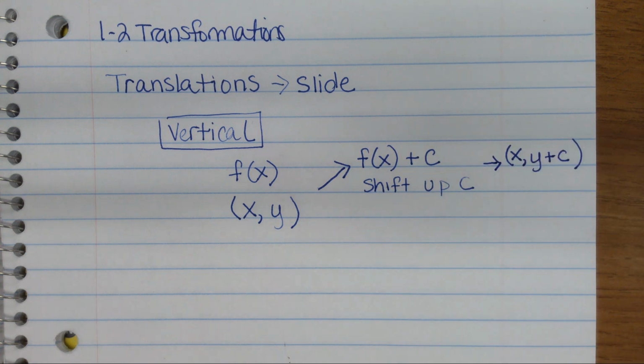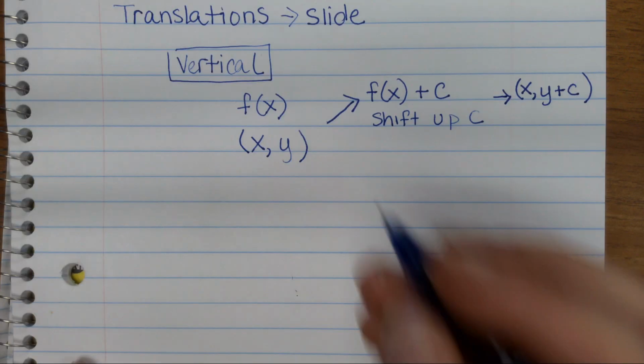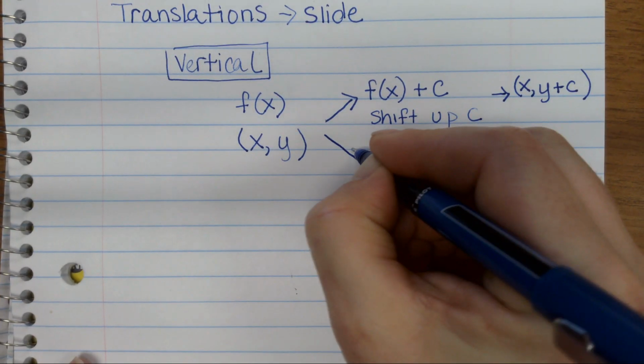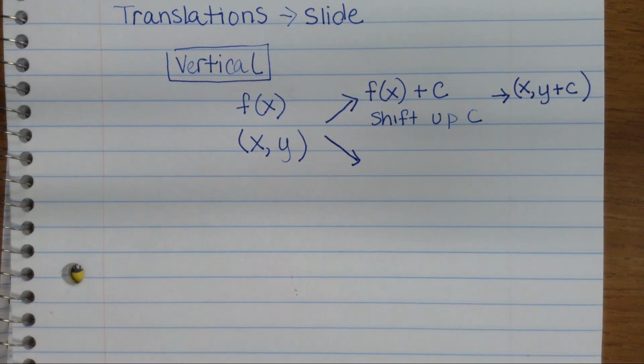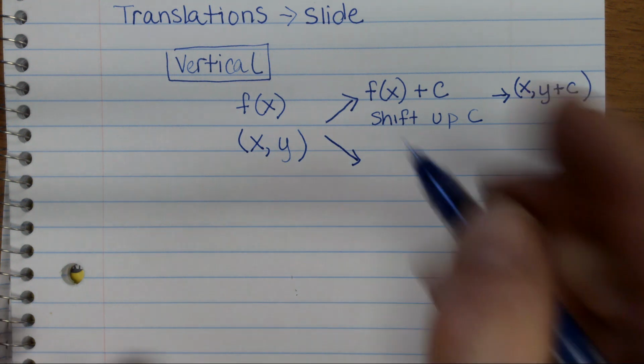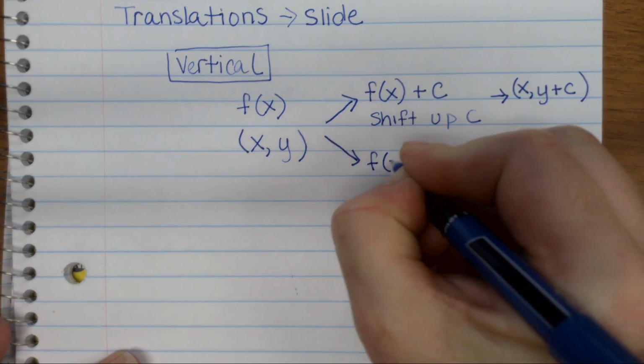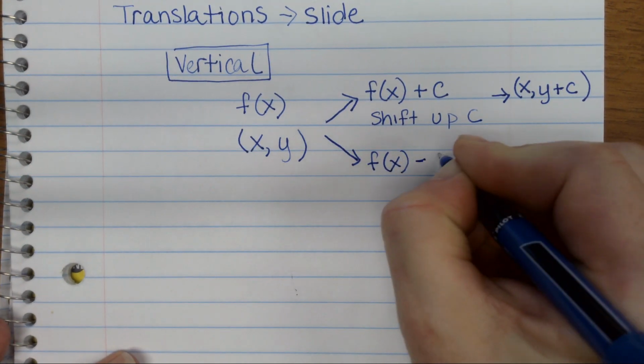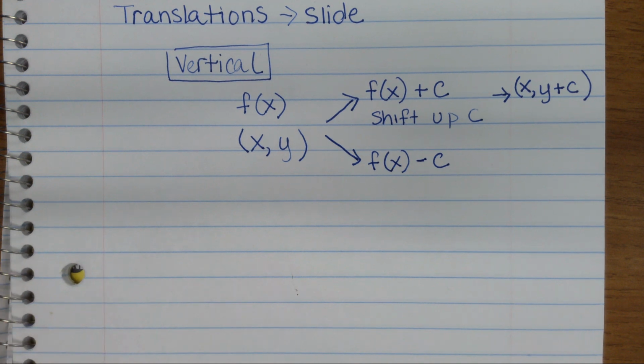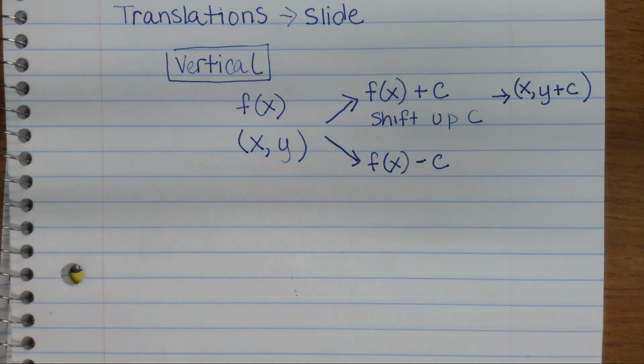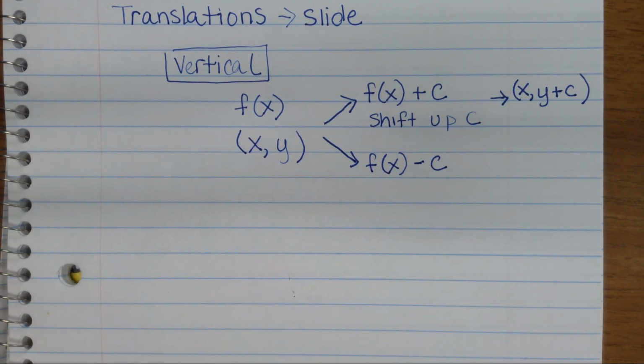Okay, the second thing that could happen, or the second thing that we did, was we did things like this one and that one. So we can either add something on the back or subtract something. So f of x minus c. What way does that move it?